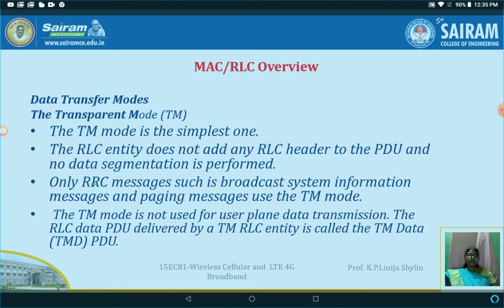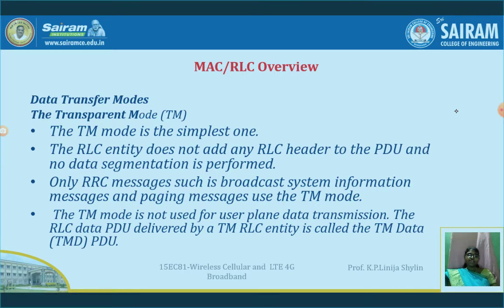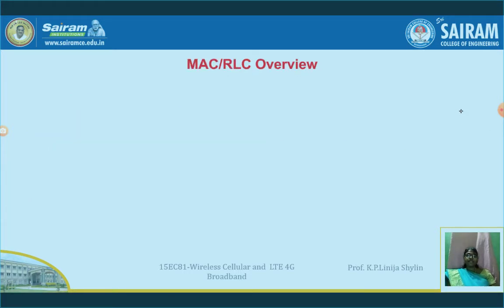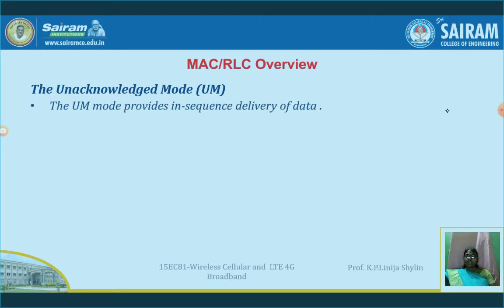Next, followed by this transparent mode, let us see the mode that is unacknowledged mode, which is represented by UM. We all know that the hybrid automatic repeat request process happens in the medium access control layer. So what are the basic specific characteristics of this unacknowledged mode? It provides in-sequence delivery of data.